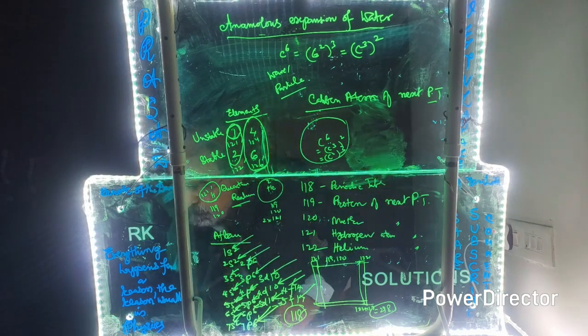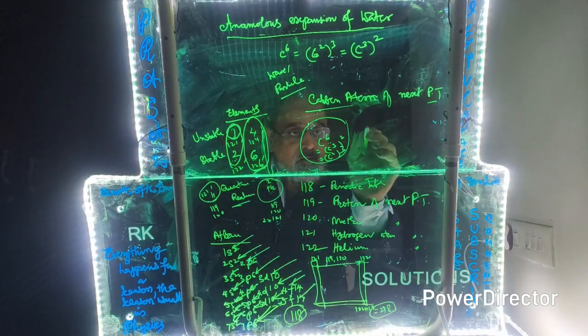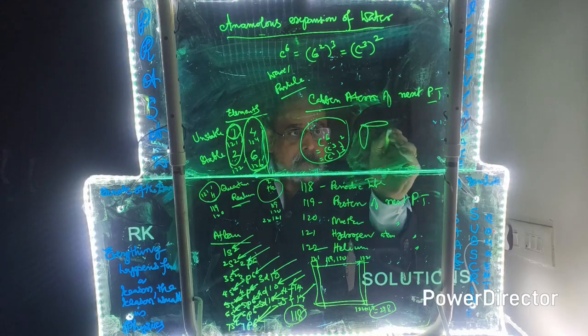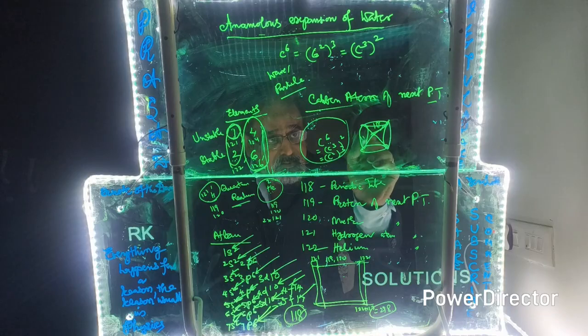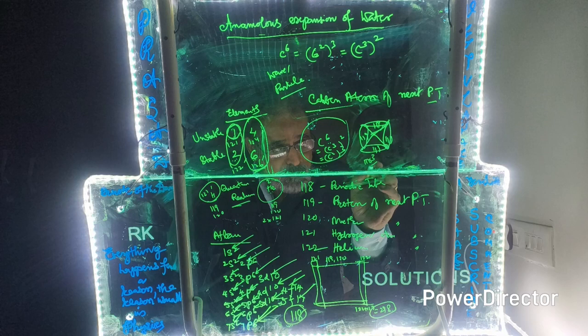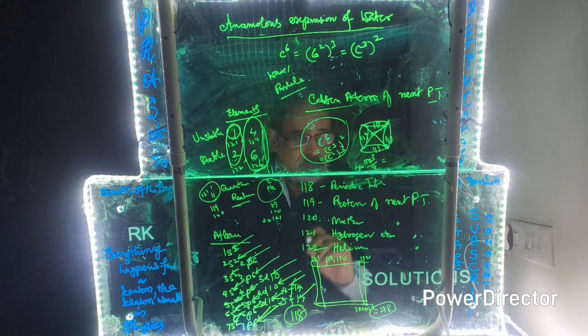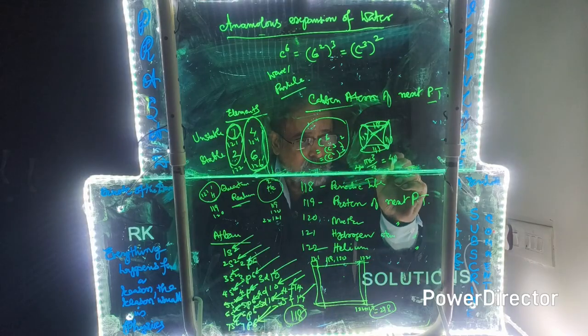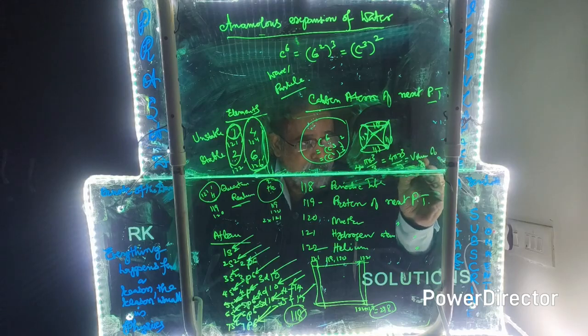I would rather draw it. This is 119, this is 119, this is 119. 119 is a cube, like pi r cube, right? If you take 4 such pi r cubes, you will get 4 thirds pi r cubed, which is the volume of a sphere.